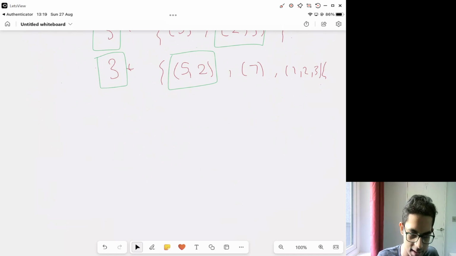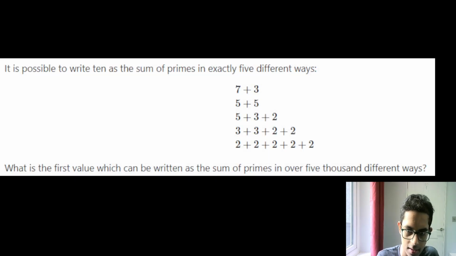This is exactly what they've done. They've had it in a very strict order, which means that you can never have 3 plus 5 plus 2, because that wouldn't be abiding by the order. And ordering doesn't actually make a difference in the number of ways in which it can be done, since that's what the question's asking for.